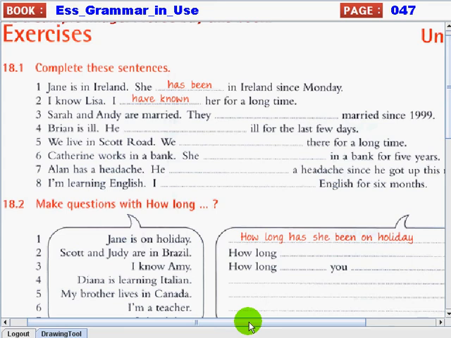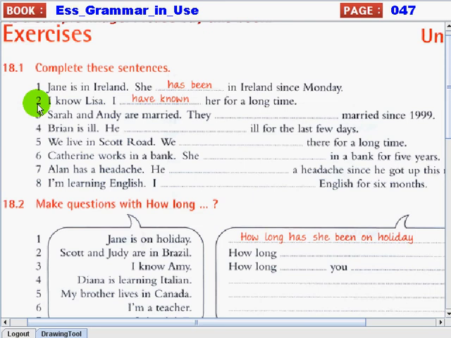Now we're going to apply everything we have learned from our previous videos. Okay, are you ready now? In exercise 18.1, we have to complete the following sentences. Let's read the first example. Jane is in Ireland. She has been in Ireland since Monday. Second, I know Lisa.